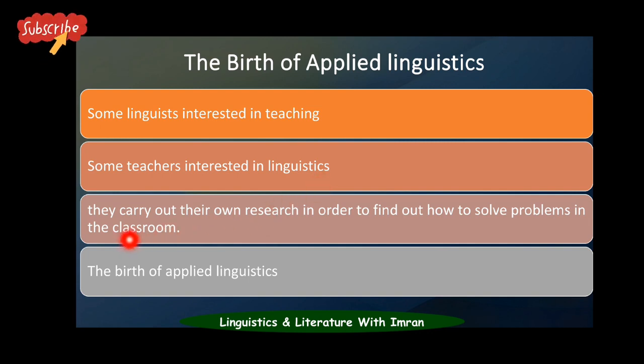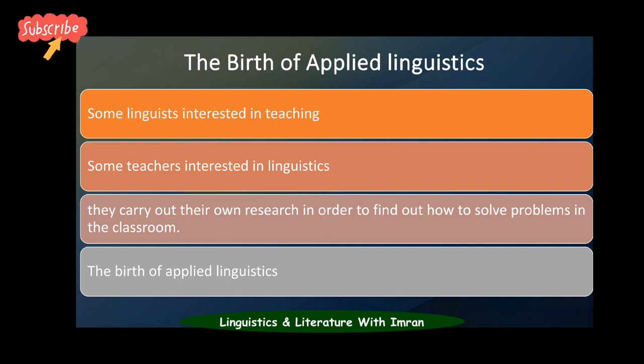So when these teachers are teaching in the classroom and they confront a problem that they cannot find in the books of linguistics, they will find a way to solve the problem, because these teachers are also linguists. So if you are purely a teacher, you will say forget about it, because you're a teacher, you're not a linguist, okay? So you will leave the issue unsolved.